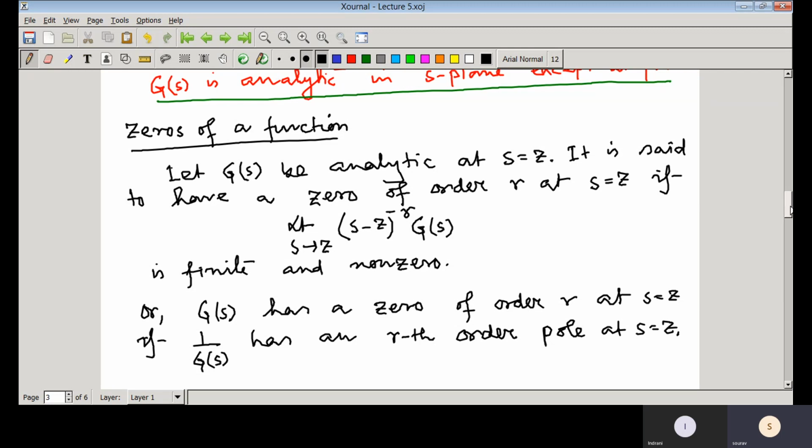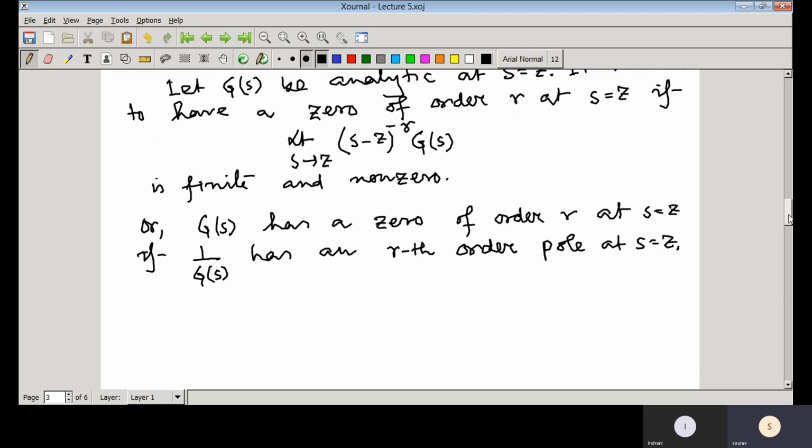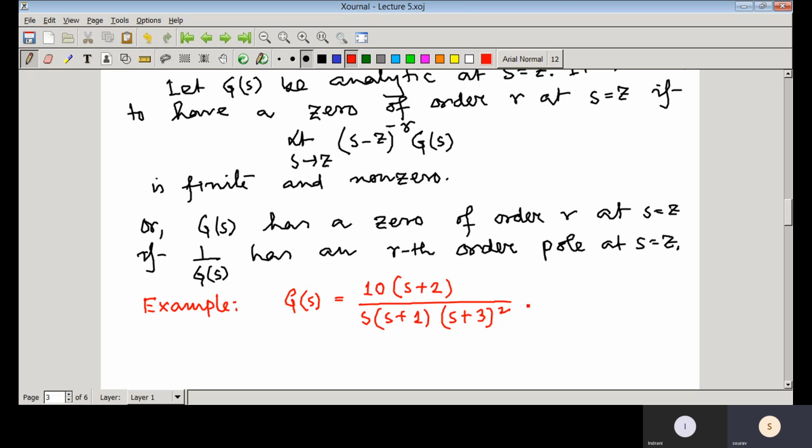Again, this thing would be clear if you see the example. Here we are taking one example. Suppose G(s) is that plant, that is 10 times (s plus 2) over s times (s plus 1) times (s plus 3) whole square.